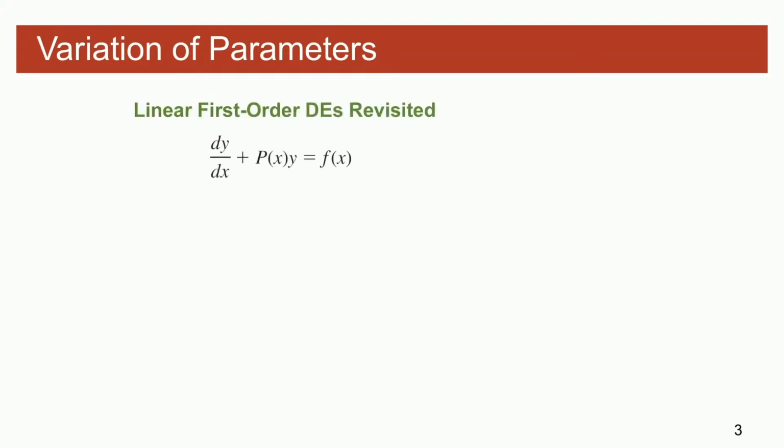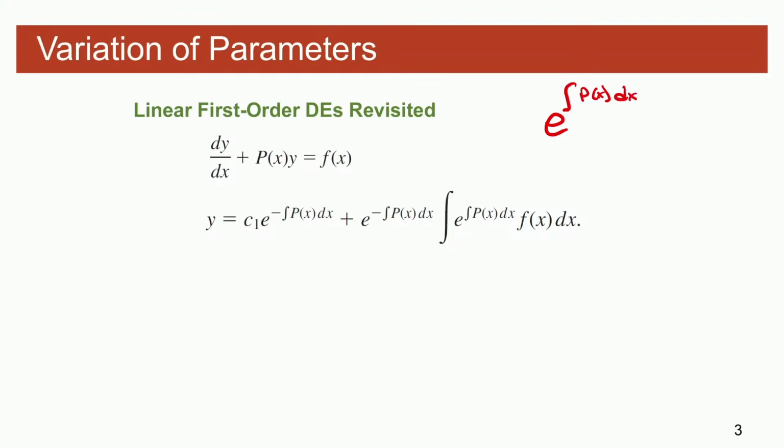So this is just a reminder: if you have a differential equation that looks like this, you come up with an integrating factor. The integrating factor looks something like this, e to the integral of p of x dx. And what's going to happen is you take that, whatever that is, and you multiply it through here.